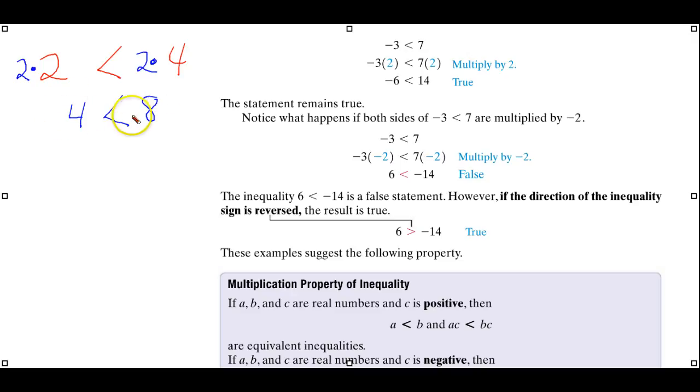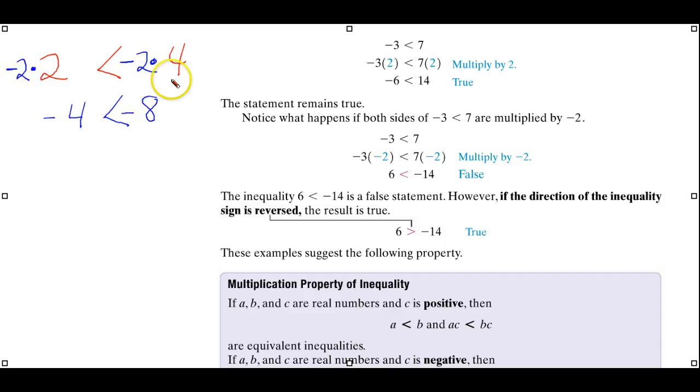That is still true. But how about if I used a negative? Now this is a negative 4 and a negative 8. And now we find that negative 4 is not less than a negative 8.